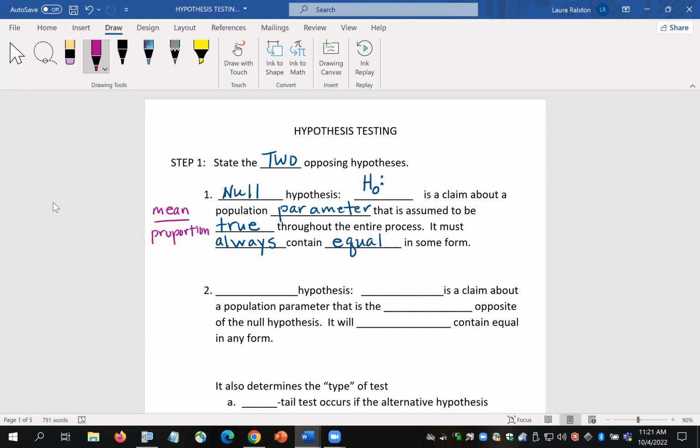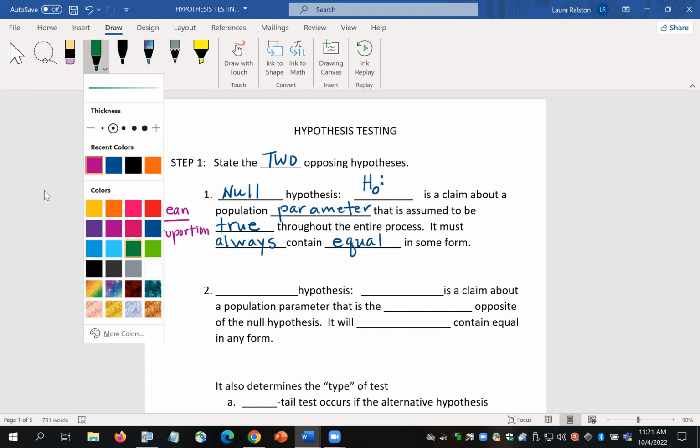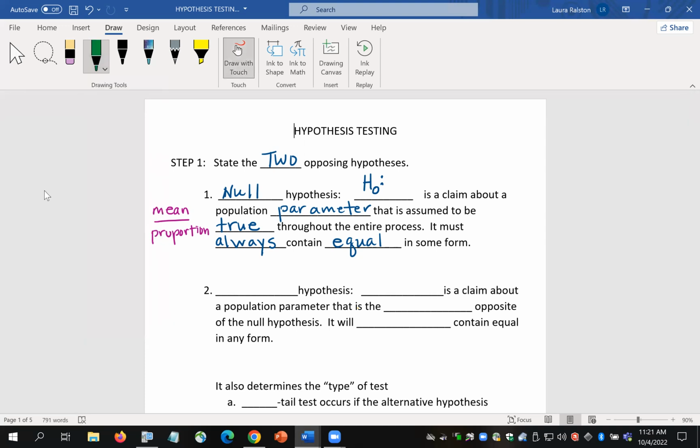When it says that the null hypothesis must always contain equal in some form, you really have three options for the mathematical symbol. It will either be flat out equal, it could be less than or equal, or it can be greater than or equal. Again, it has to contain equal in some form.